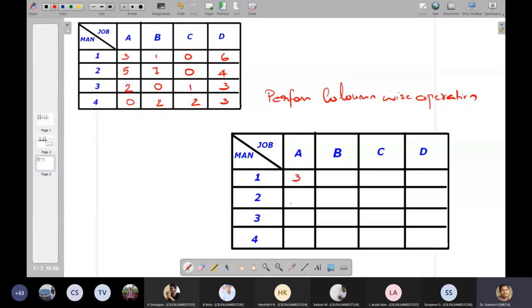Second column, there is also no change: 1, 7, 0, 2. Third column also no change: 0, 0, 1, 2. Fourth column becomes 3, 1, 0, 0. Now what is the next step?